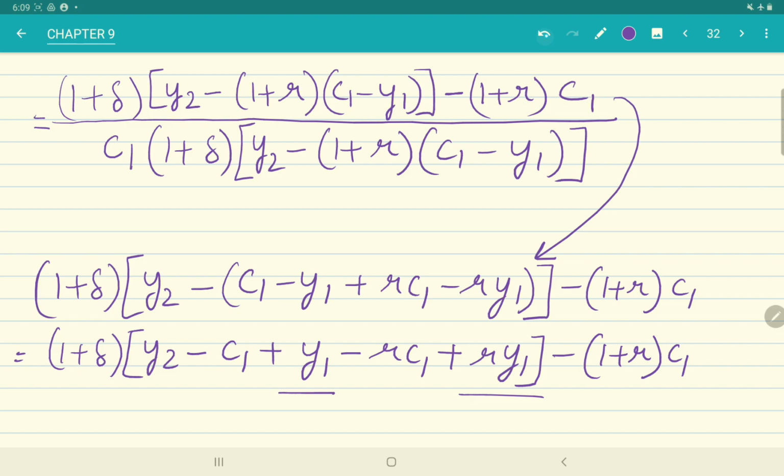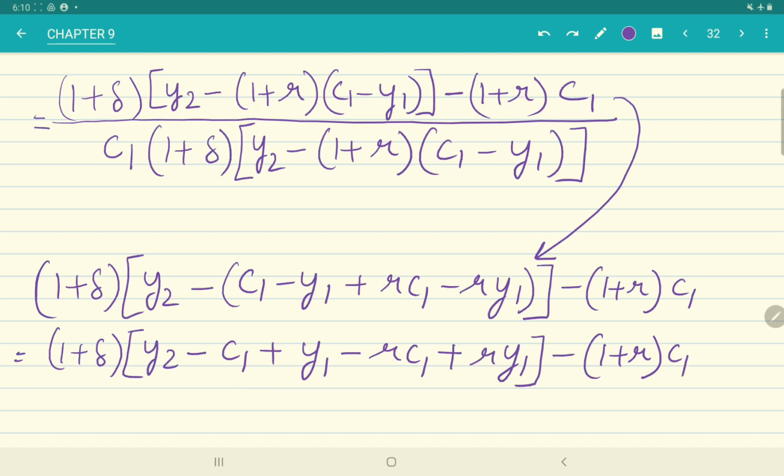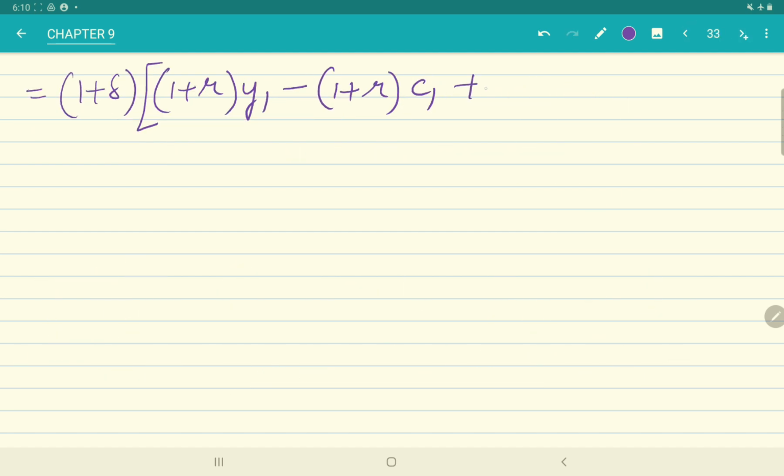So I can then write (1 plus r) y1 minus (1 plus r) c1, and then I can just write plus y2 minus (1 plus r) c1.